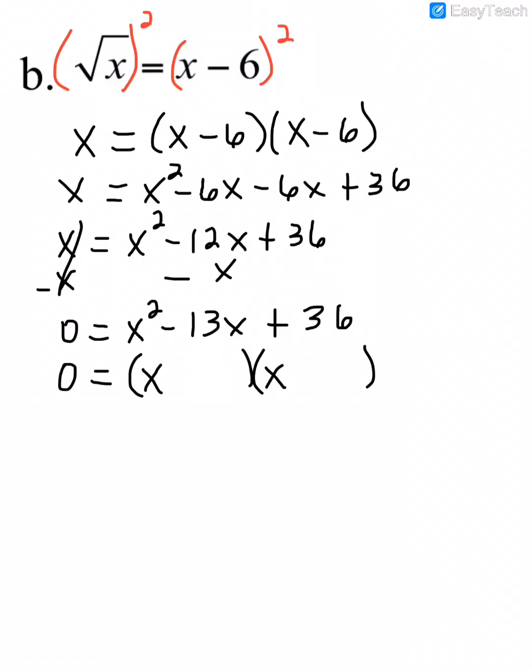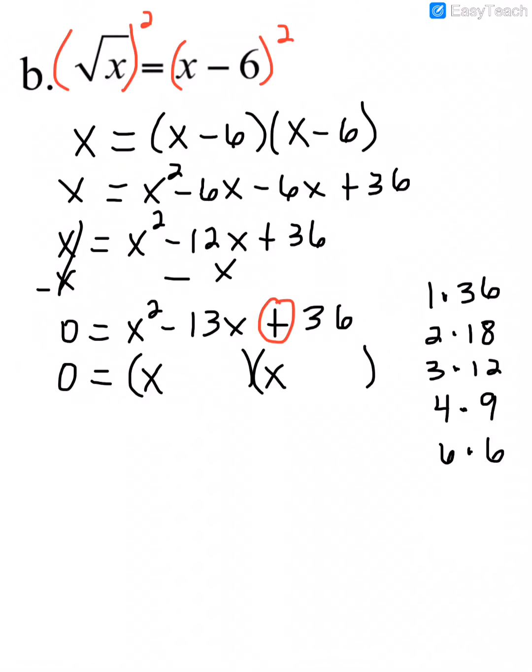Okay, so now 36 has a lot of different factors. 1 and 36, 2 and 18, 3 and 12, 4 and 9, and 6 and 6. Well, which one of those factors would add to give me 13? It would be 4 and 9.